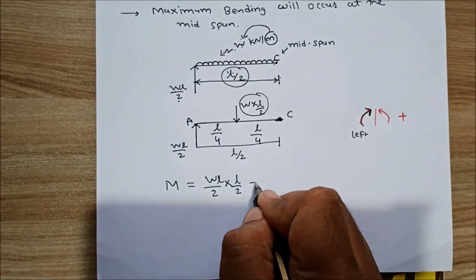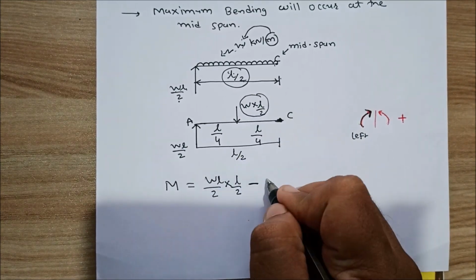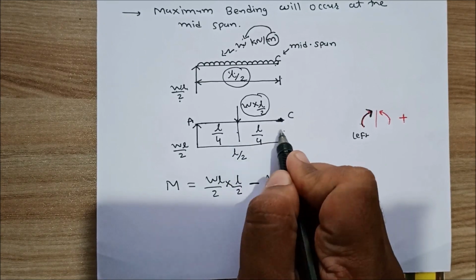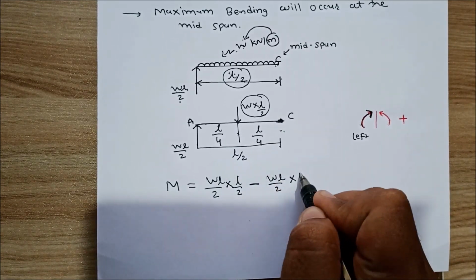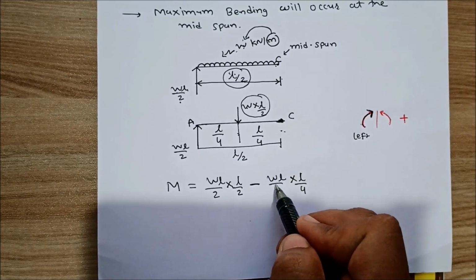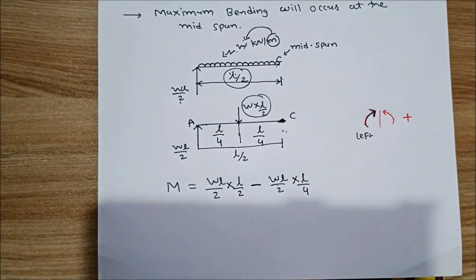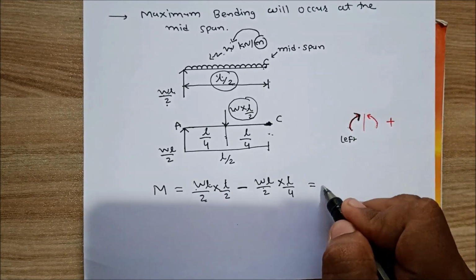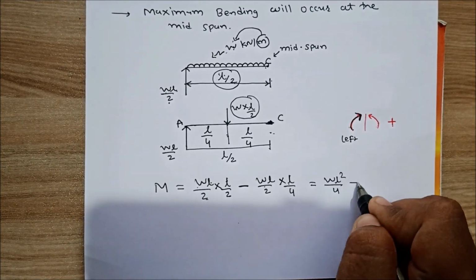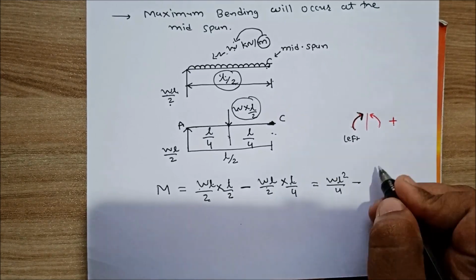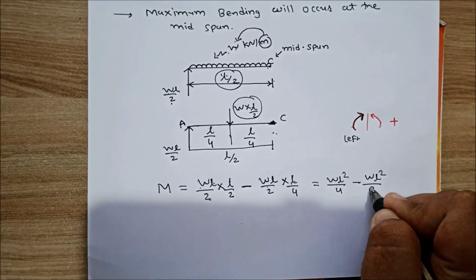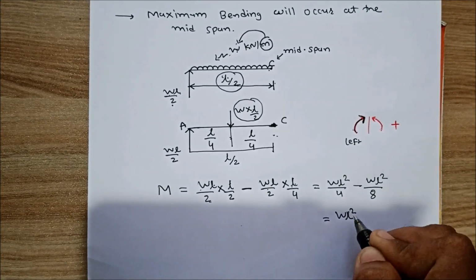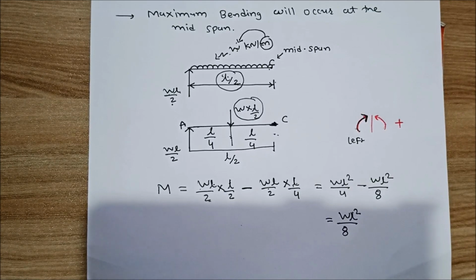So here we use the minus sign. The force is WL by 2, and the perpendicular distance is L by 4, so multiply by L by 4, because moment is force multiplied by perpendicular distance. So here WL square by 4 minus WL square by 8. So we get the maximum bending moment, that is WL square by 8.